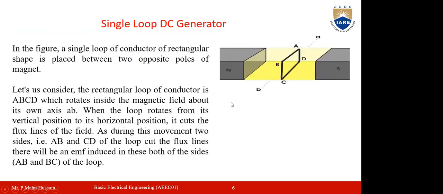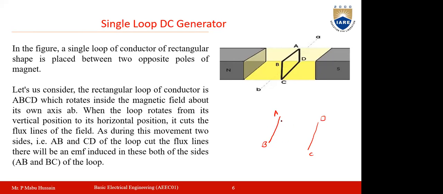So this is the principle of operation. Now let us understand this principle of operation by considering one single loop. Single loop in the sense here we are going to take two conductors, one is AB and another conductor is CD.